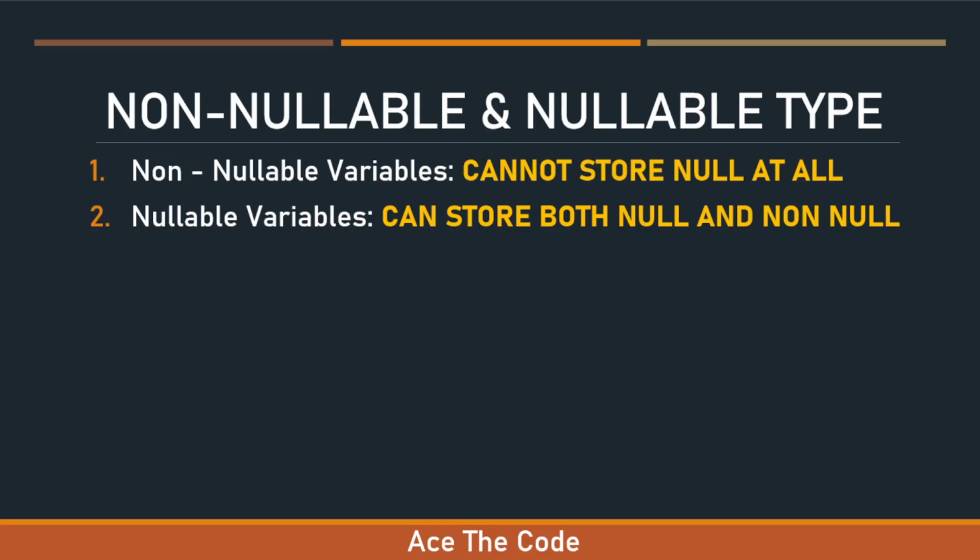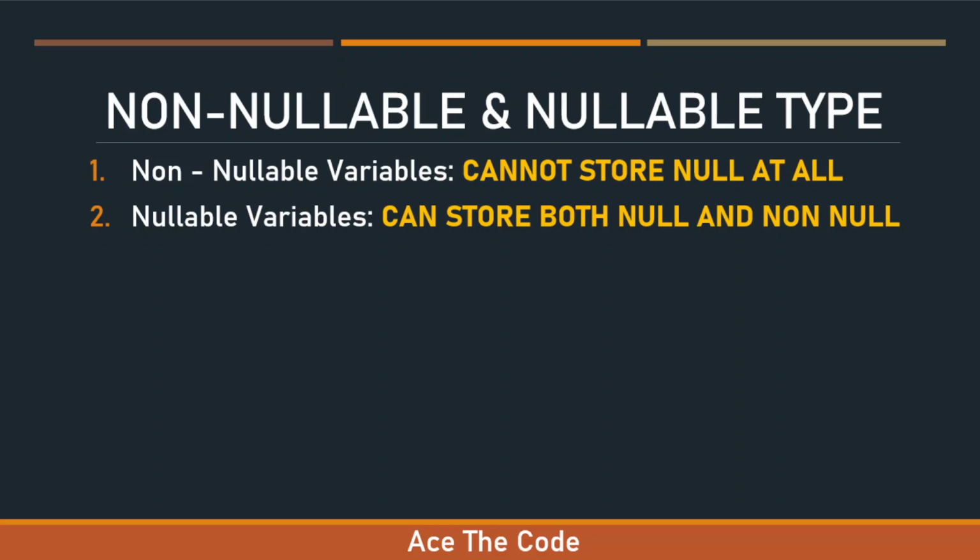And what is the advantage of this? The advantage is that these non-nullable variables cannot lead to null pointer exceptions at runtime, because we know that there will be no null value for this variable. So the second type of variable is the nullable variable.